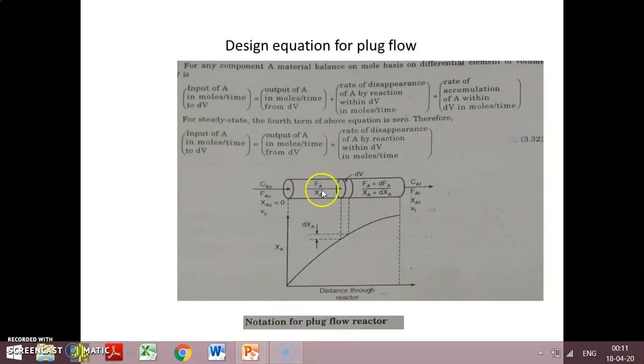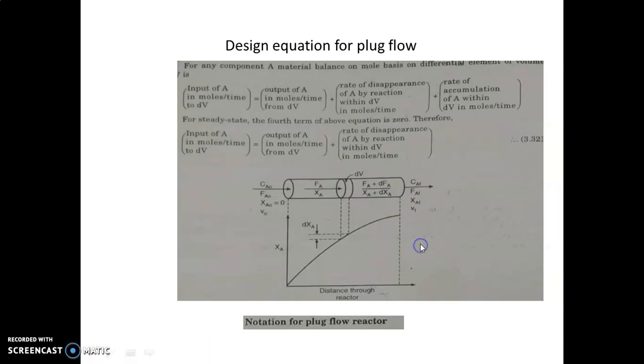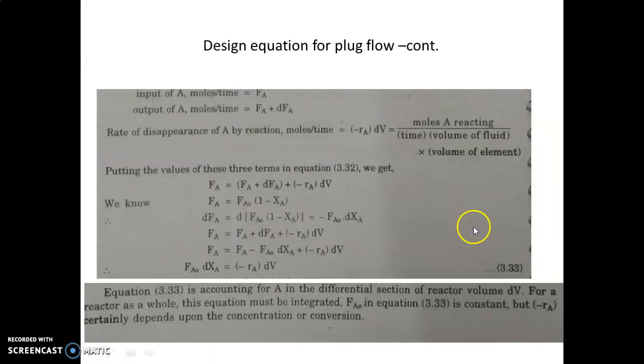So with reference to this, we consider this plug flow reactor and this element. This is the inlet and this is the outlet. So we make the material balance over this dV element. Then what is the input in that dV element?